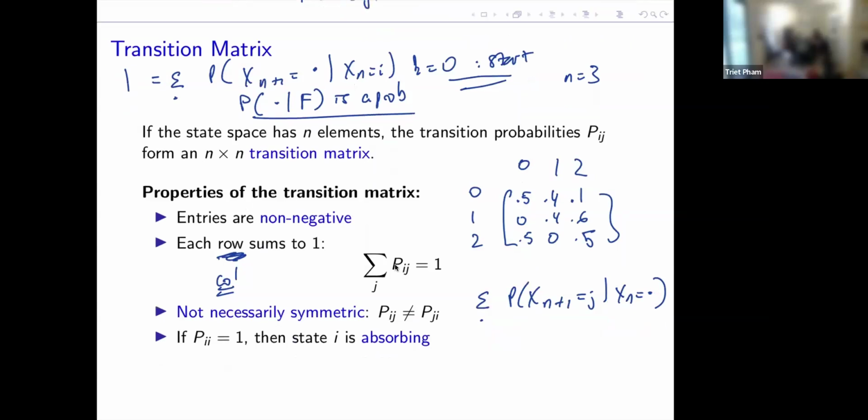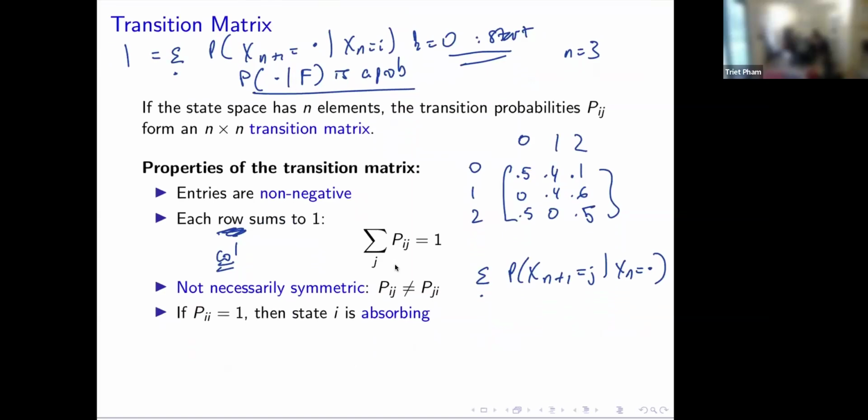So now, any question? Let us look at something like this. Okay, hopefully it works.